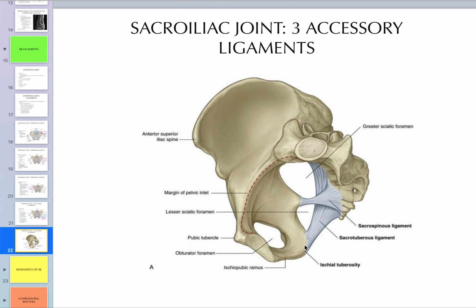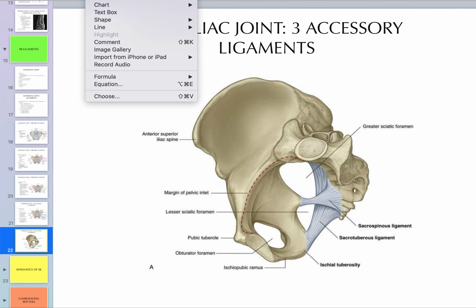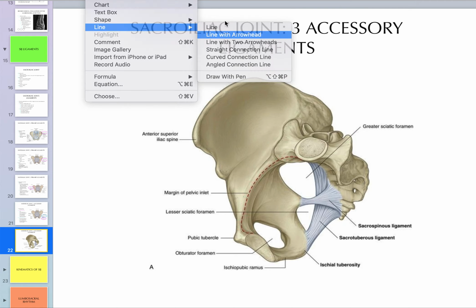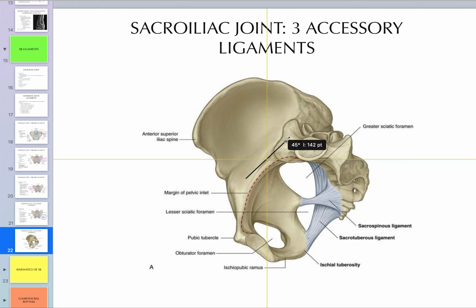So, nutation of the sacrum, okay. We're going to go over it in a second, but I'll just cover it right here just so you guys know. Nutation of the sacrum is the sacral promontory right here going anterior.